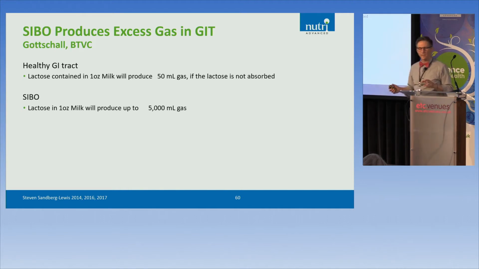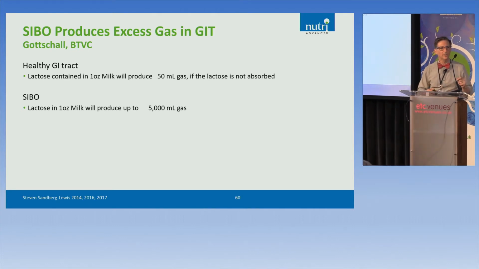This is a little graphic that comes from Dr. Elaine Gottschall's book, Breaking the Vicious Cycle, showing excess gas in the GI tract in SIBO, just to give you a sense of how much gas excess there may be. If we use the example of the amount of lactose contained in 1 ounce of milk, one little shot glass of milk, if someone doesn't have bacterial overgrowth and they drink that, they'll produce about 50 milliliters of gas if the lactose is not absorbed.